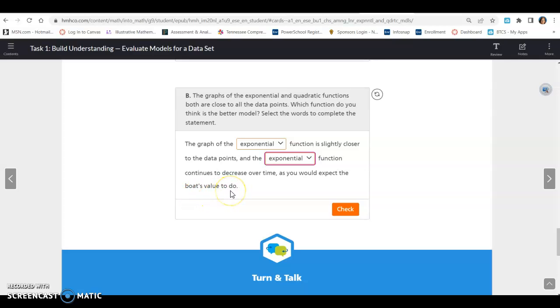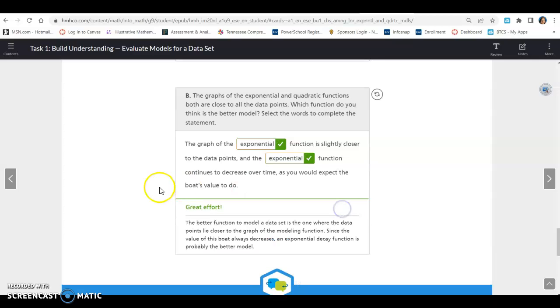So since we were talking about the value of a boat, it is going to continue to decrease as the boat gets older. A quadratic model would go down to the vertex and then start increasing again. So that usually doesn't happen when you're talking about the value of a house or a car or a boat.